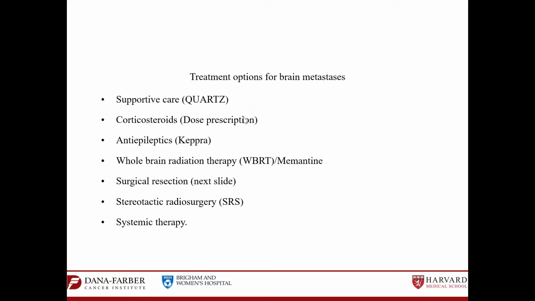For the QUARTZ trial, they selected patients of older age, like above 60 or 70, with poor performance status, and they studied those patients having whole brain radiation versus just supportive care.